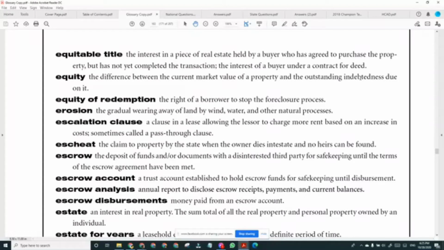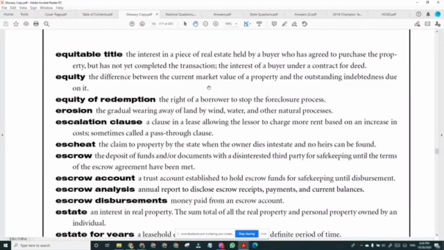Okay, so it's under a contract for deed, meaning they are buying the property, but it did not convey to their name. It's still under the owner's name until it is paid for. So they have a right to it. So agreed to purchase the property, but has not yet completed the transaction, means it hasn't conveyed over to them until it's paid for. So they have an interest in a piece of property.